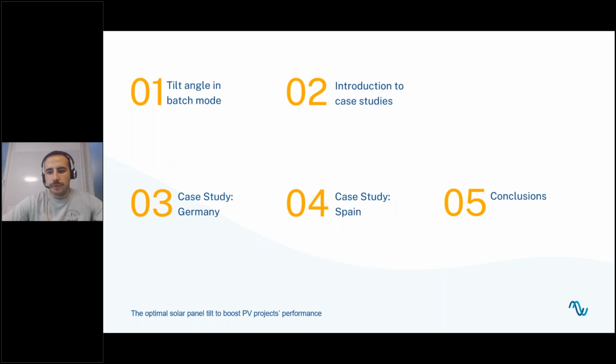Today we're going to do a case study in RatedPower, where we will find the optimal tilt angle using fixed structures. We are going to study 2 sites, one in Germany and the other one in Spain. Also, we will assume different costs for each of the projects, and we will be using the new tool, the tilt angle in batch mode, that I already presented in the last webinar.